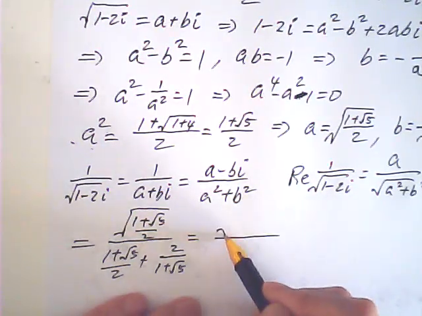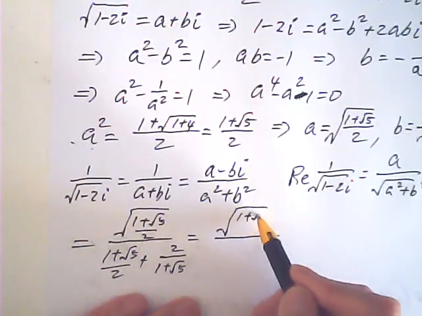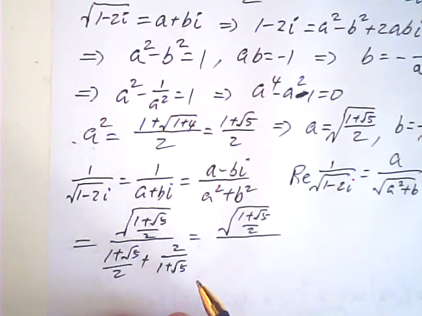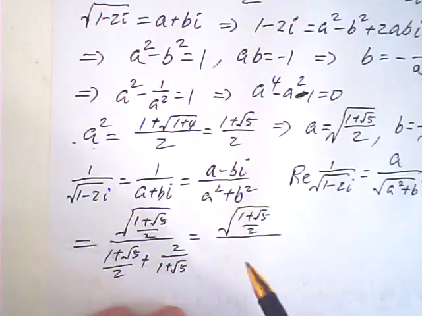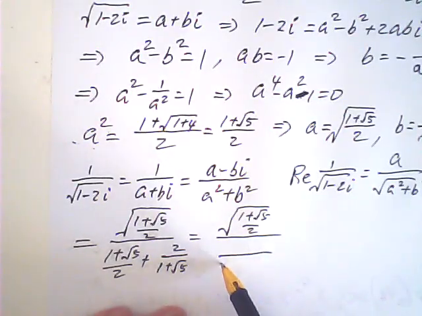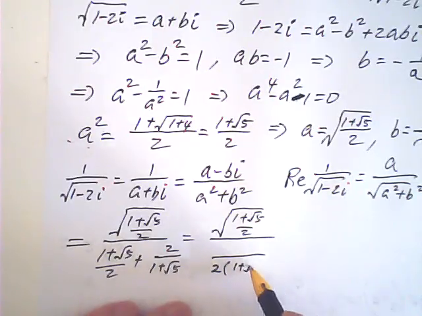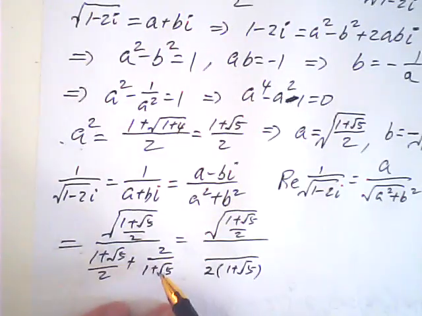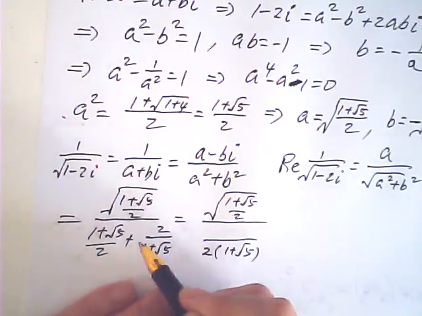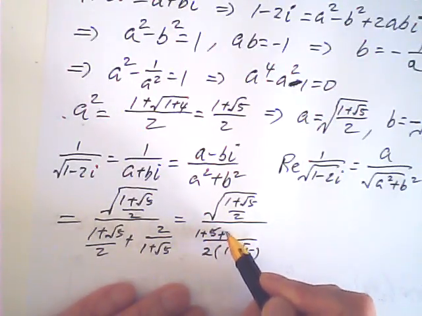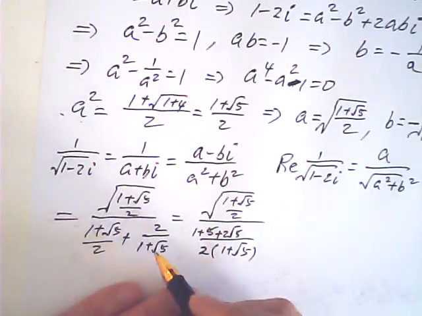So this one is equal to 1 plus root 5. This one has it equal to 2, 1 over root 5. This one times this one, huh? This is squared, so this is equal to 1 plus 5 plus 2 root 5 minus 4.